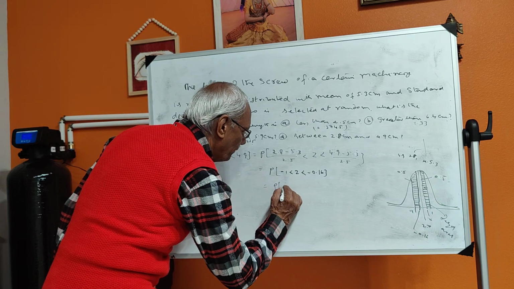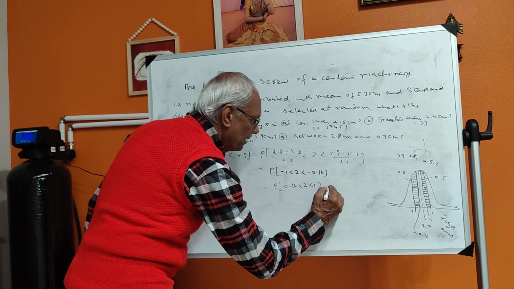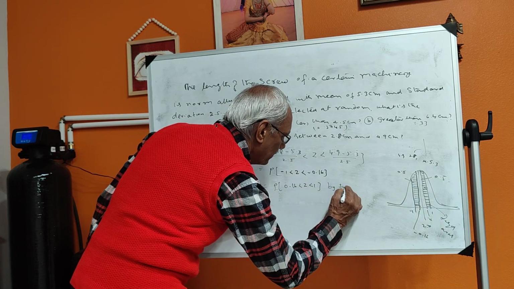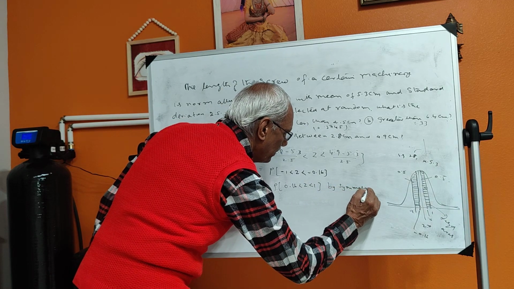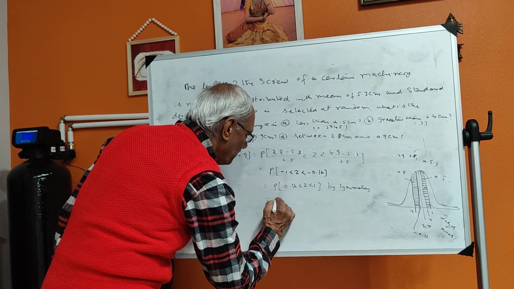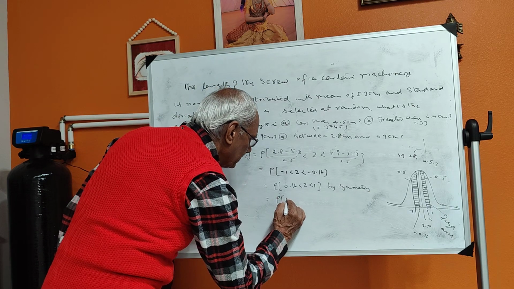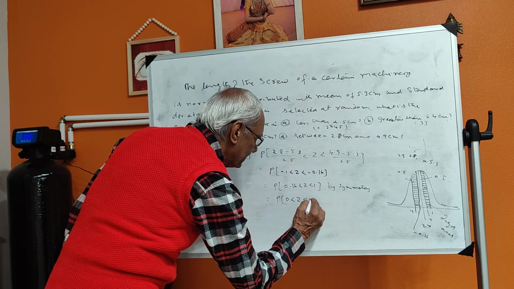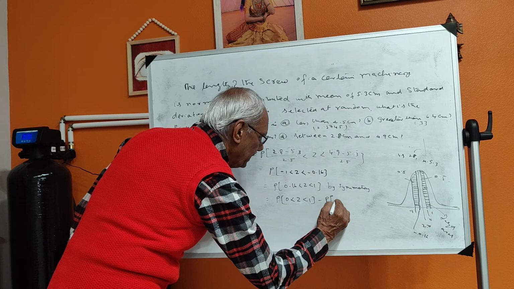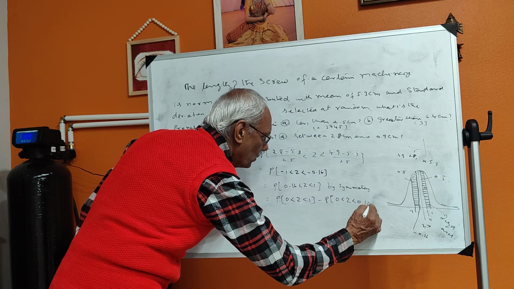So this is P of 0.16 less than z less than 1, by symmetry. The whole area is P of 0 less than z less than 1, minus P of 0 less than z less than 0.16.